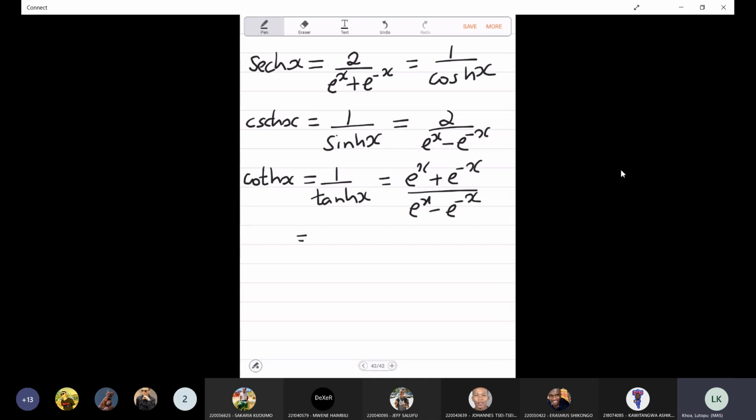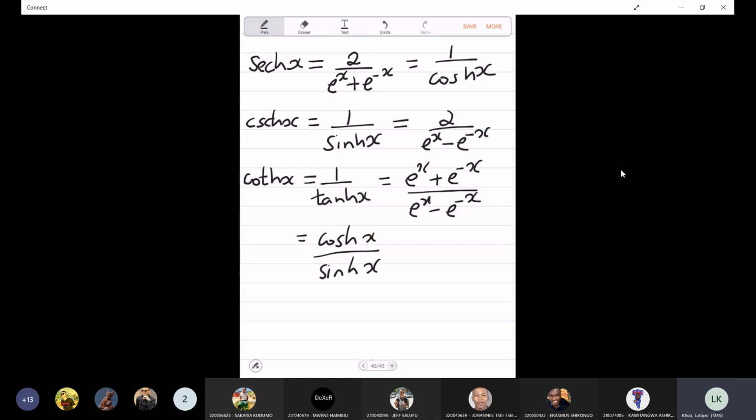And this, of course, is the same as that. Okay, so keep in mind everything we learned under trigonometry, we will use them. So there will be some similarities between the two. So even here we do have some identities.